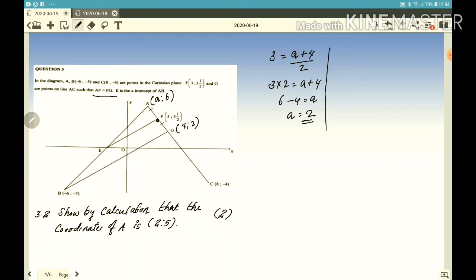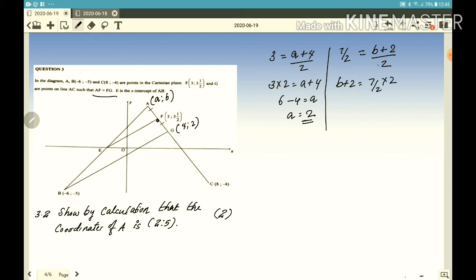Then next one, the y value of the midpoint. That is 3.5, which is 7 over 2. Let me change it into an improper fraction. Then that y value of the midpoint is the same as the y value of A, that is small b, plus 2, the y value of G, divided by 2. That is the midpoint formula. Then cross multiply, that is b plus 2 is equal to 7 over 2 times 2.